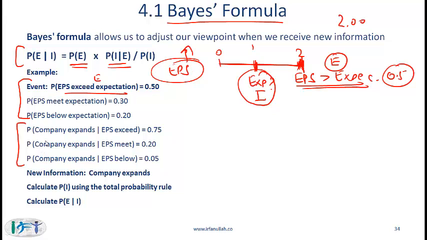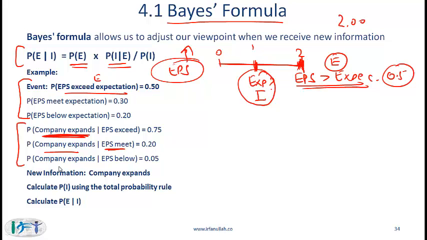So you come up with these conditional probabilities, and these are subjective probabilities where you estimate that the probability that the company will expand given that EPS exceed expectation is 0.75. The probability that the company expands given that EPS meets analyst expectations is 0.2.